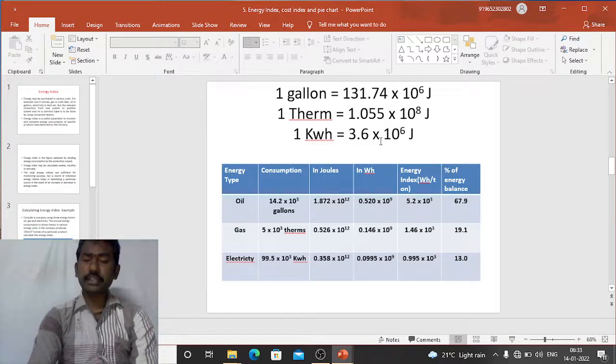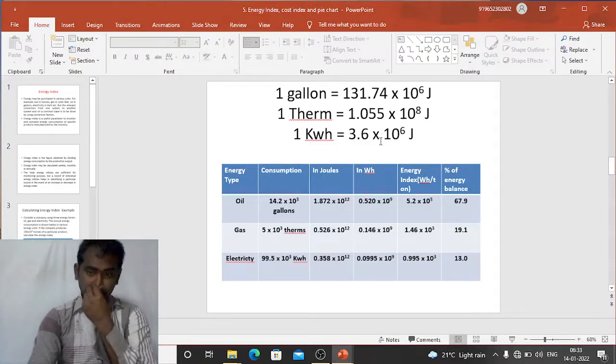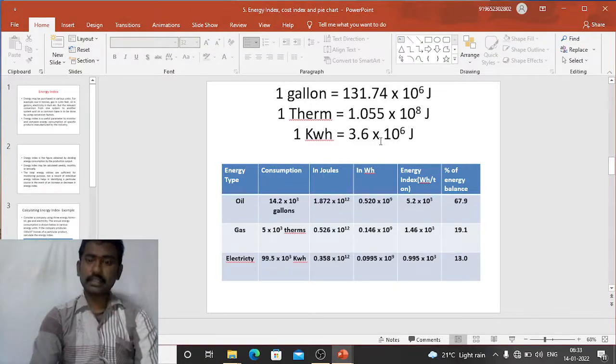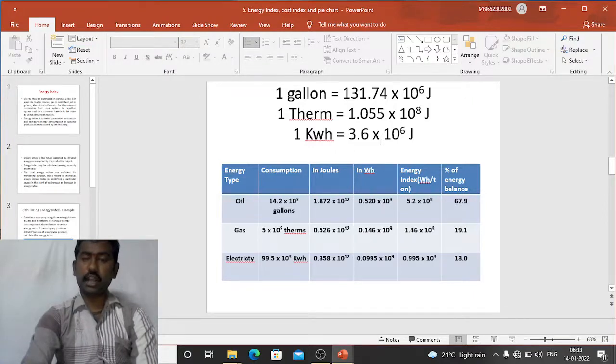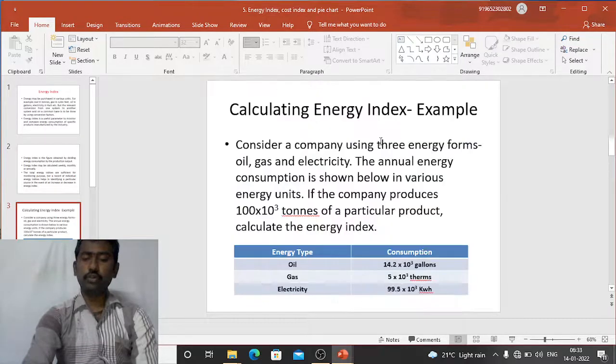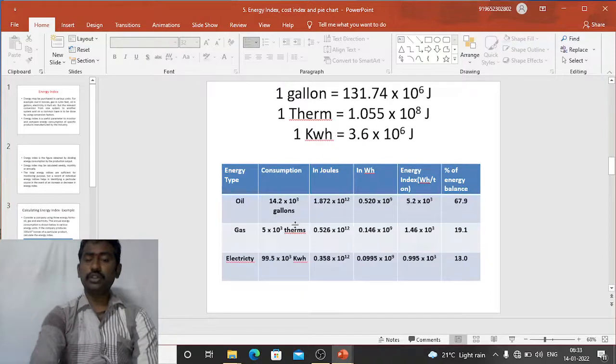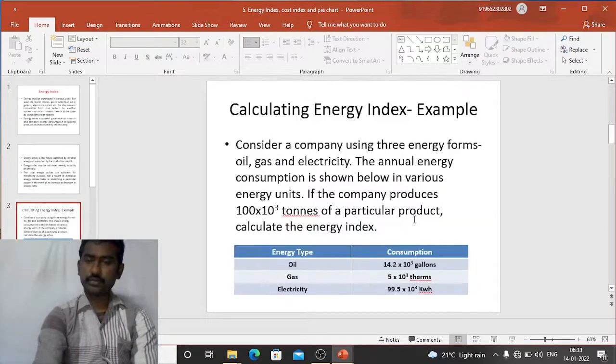So what is meant by the energy index? The energy index is the total energy divided by the output. The output is 100 into 10 cube. So for oil, the energy is 0.520 into 10 to the power of 9 divided by 100 into 10 cube.